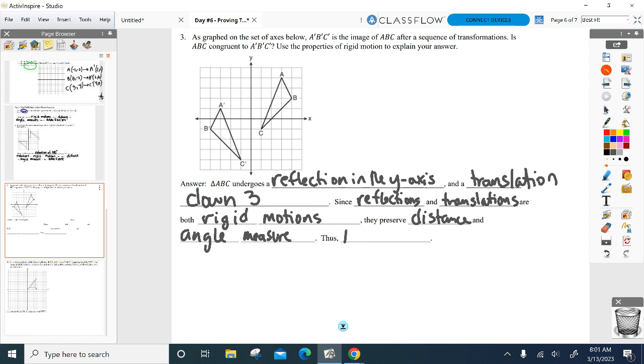Thus, the two triangles are congruent. Triangle ABC is congruent to triangle A prime, B prime, C prime.